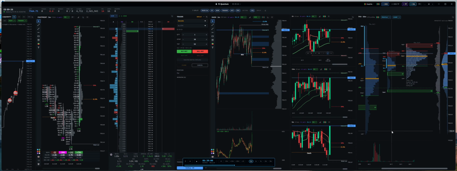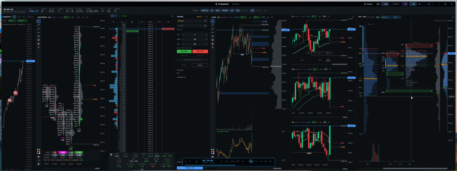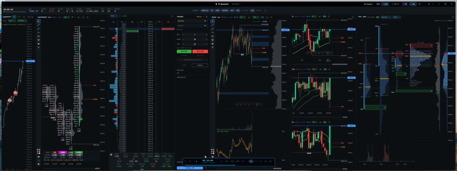The RTH session is included in this. So you can immediately tell, just starting here, that we're in this value area, near the value area low, but we've been staying in this range on this particular day.